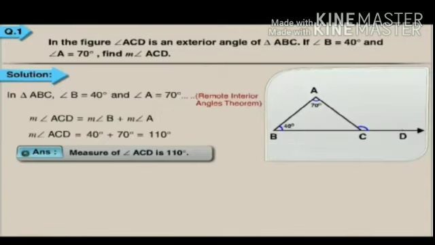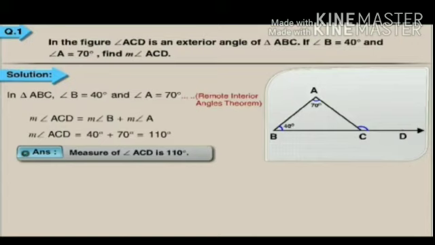Now see the second question. In the figure, angle ACD is an exterior angle of triangle ABC. If angle B is equal to 40 degree and angle A is equal to 70 degree, find the measure of angle ACD. Now here is the solution. In triangle ABC, angle B is equal to 40 degree and angle A is equal to 70 degree.